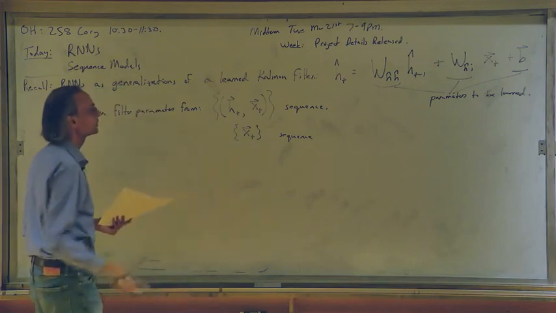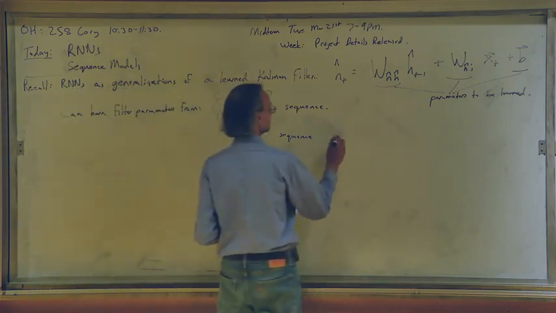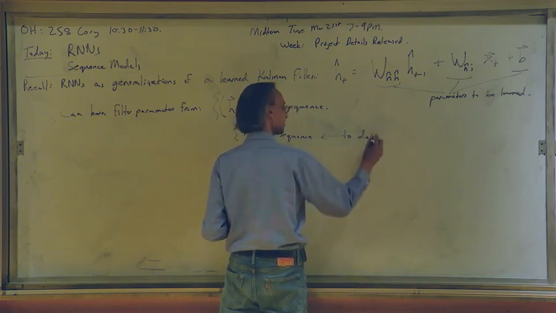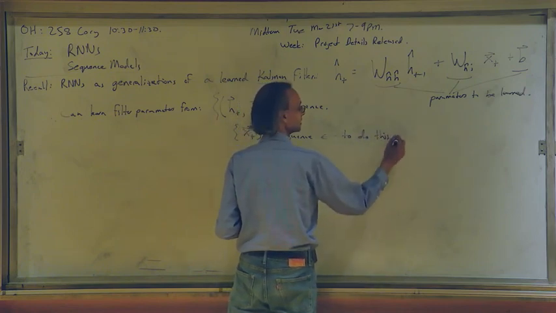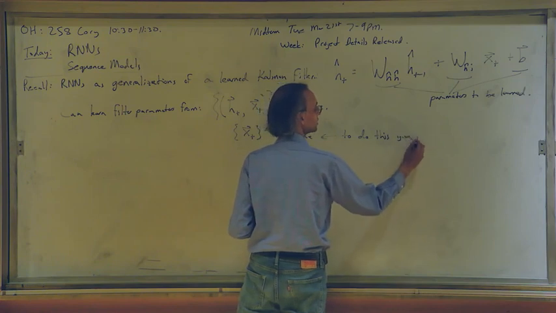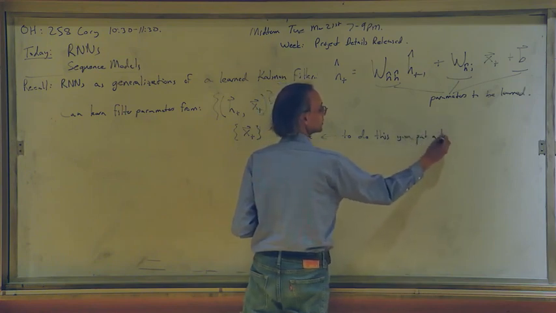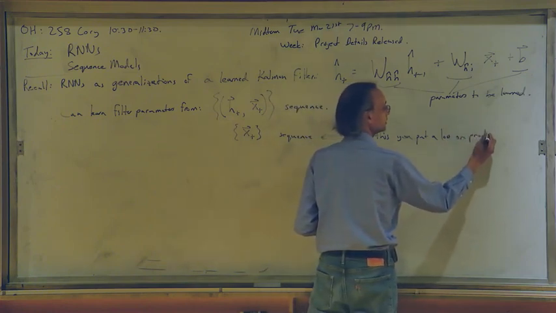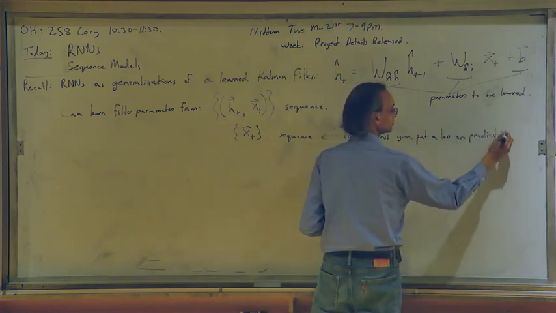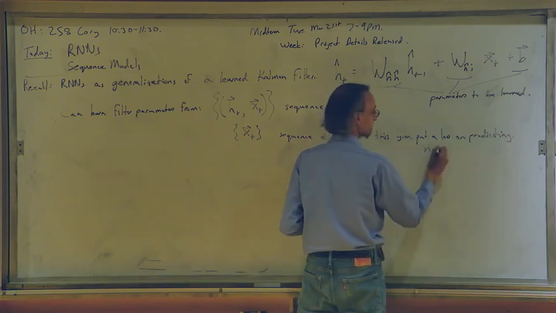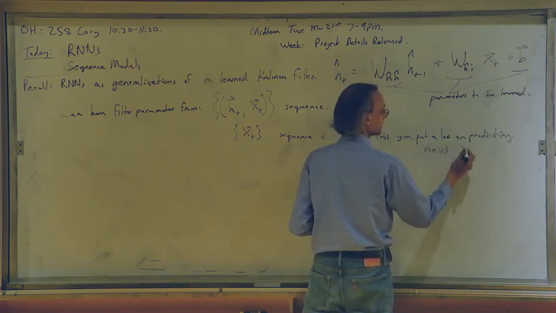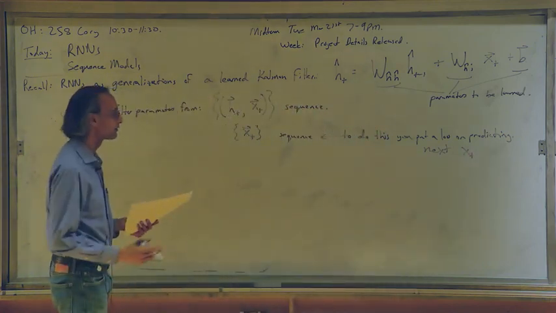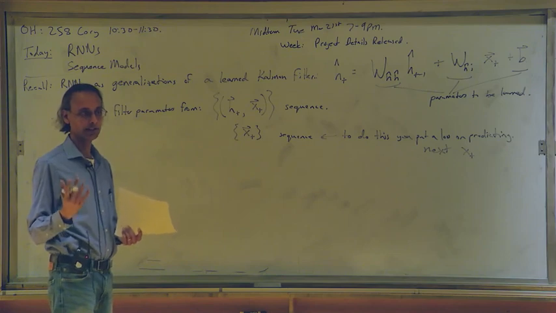But if you do this, you put a loss on predicting next x_t, and that involves learning some extra parameters for that prediction, right?